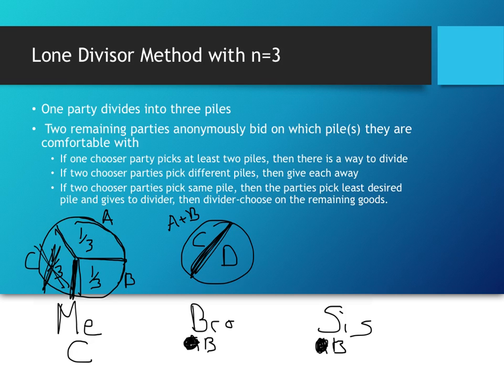Okay? Now again, that took a long time to explain, but basically one person divides, the other people bid. If there is a way to divvy things out, we're done. If there's not a way to divvy things out where everybody gets their fair share, then you give the least desirable pile to whoever divided it and do another divider-chooser method with just two people remaining. All right?